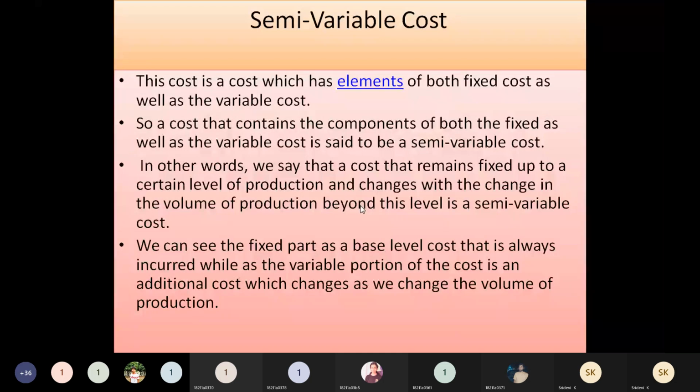Even data cards also: if you use more data, you need to pay more. So half the part is fixed and half the part is varying due to your usage. You can use more than that limit, but you have to pay more.